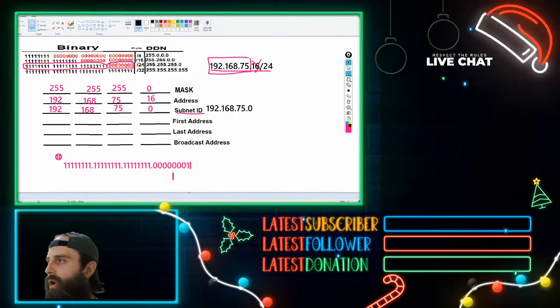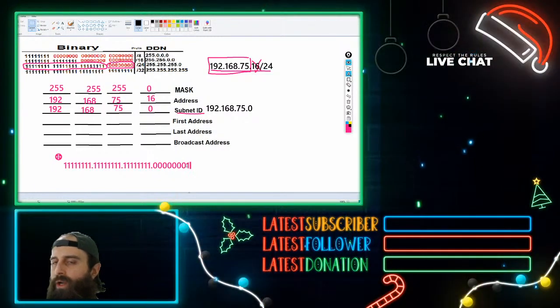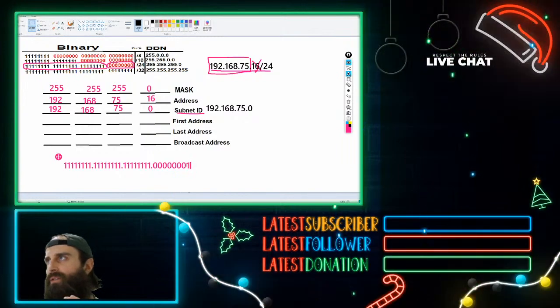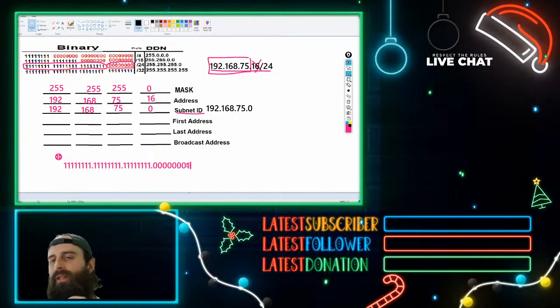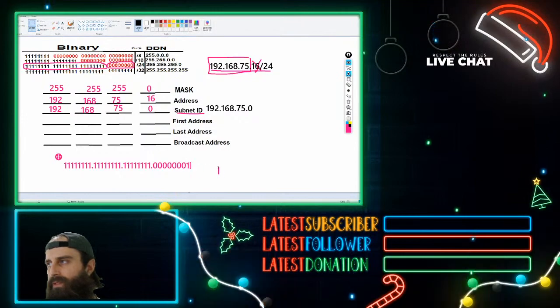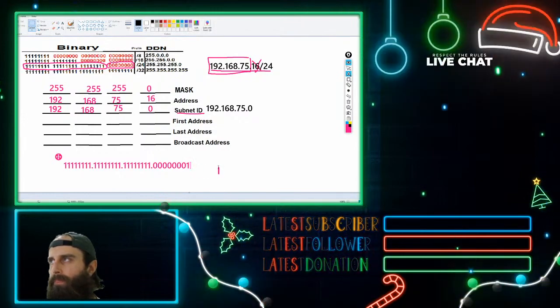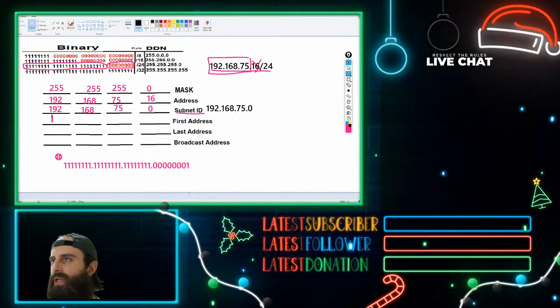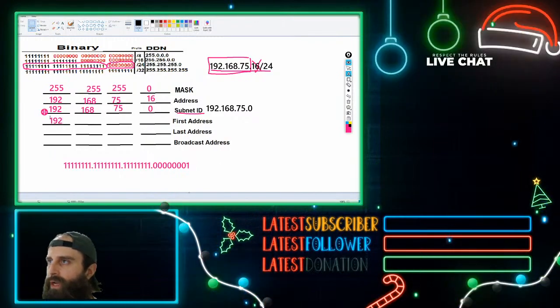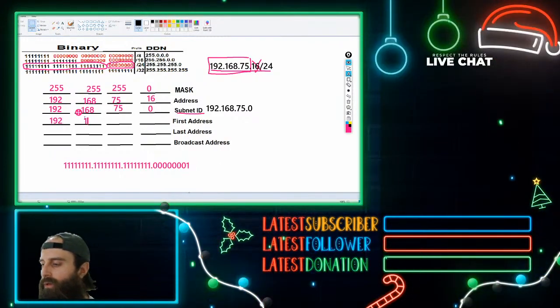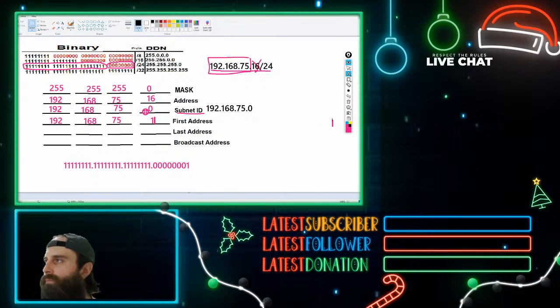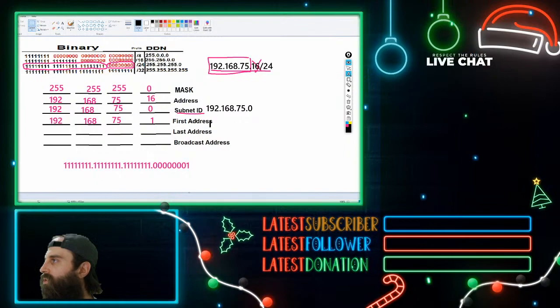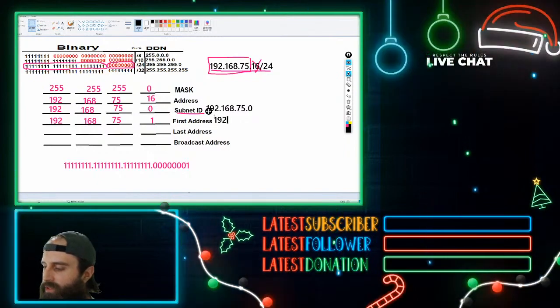So all we're doing is adding 1 to the very last binary bit in the last octet. That's all we need to do to come up with our first address. So this would be 192.168.75.1, and that is our first address for this address range.